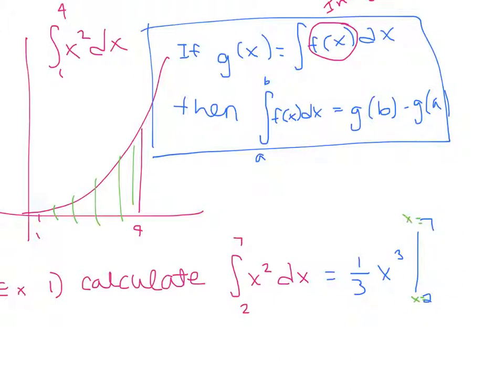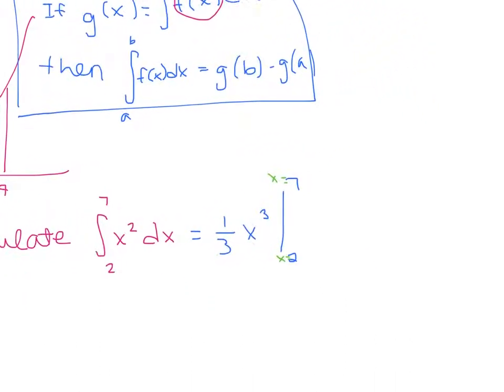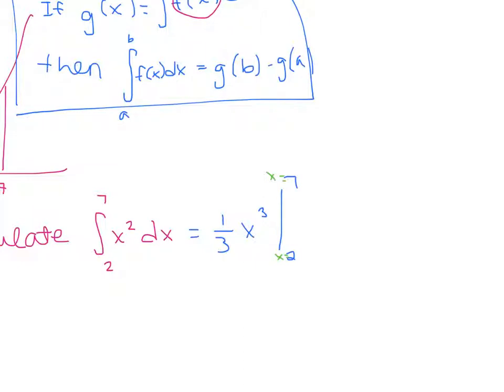So I took my integral. It needs to be evaluated at 2, it needs to be evaluated at 7, and the fundamental theorem of calculus says that I can plug in the top value to my function, and I can plug in the bottom value to my function, okay? So when I do that, this is going to equal 1/3 times 7 cubed. Again, I just had this 7, so I plugged it in there, okay?